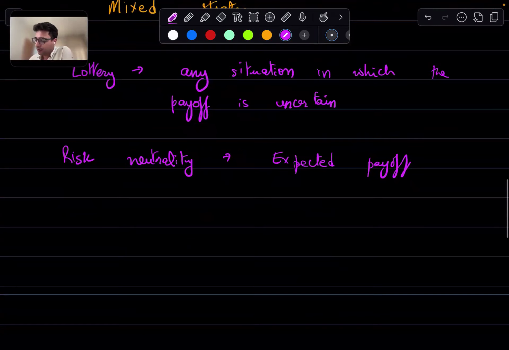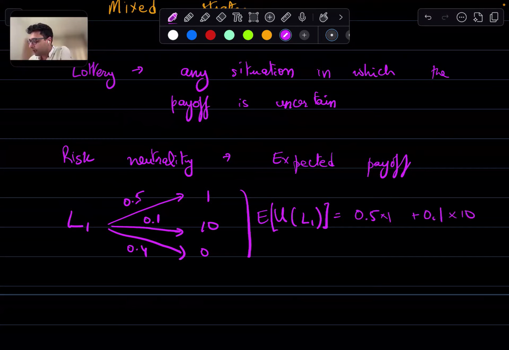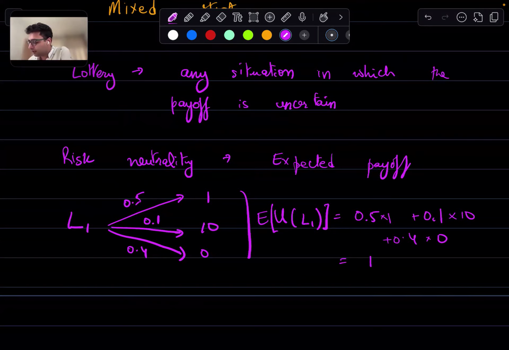If, for instance, we have a lottery, let's call it L1, which generates a utility of 1 with probability 0.5 and the utility of 10 with probability 0.1 and the utility of 0 with probability 0.4, then my expected utility from the lottery L1, if I am risk neutral, will be 0.5 times 1 plus 0.1 times 10 plus 0.4 times 0, right? So pretty simple. So that's just 1.5.